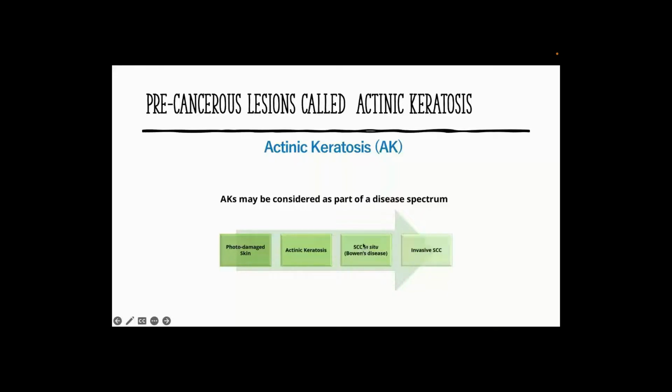First it becomes squamous cell carcinoma in situ, meaning it's just in the top layer of the skin. After that, it will start to invade down into the deeper part of the skin. So even though they're not urgent, they're good to get treated because they can develop into squamous cell carcinoma down the road.